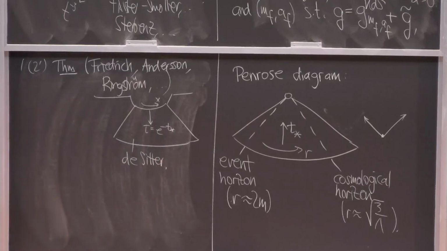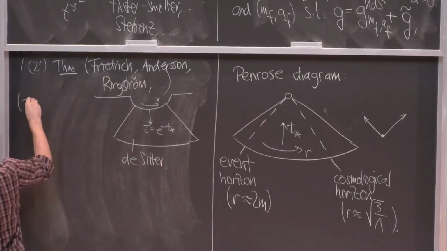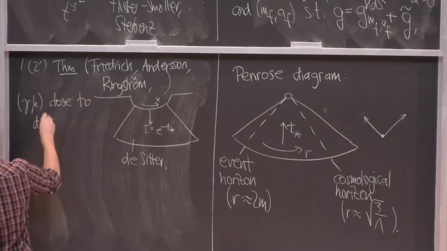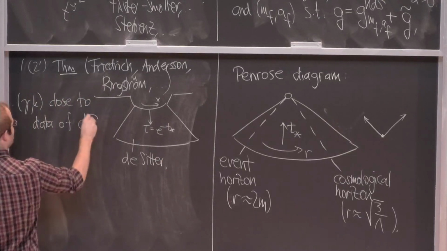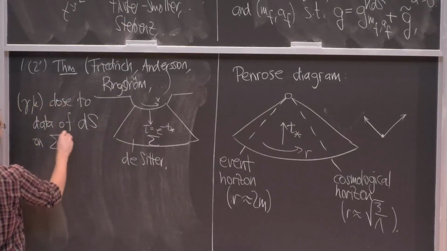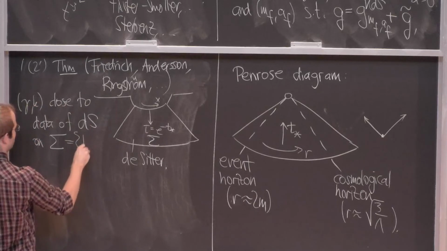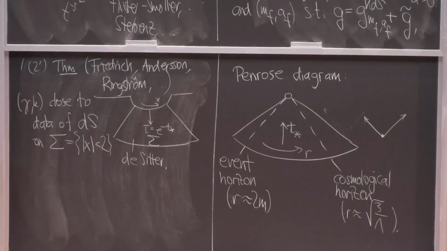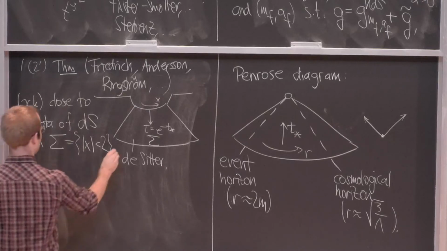And again, you have the same theorem. So let me just make it very brief. So gamma and k close to the data of de Sitter space on the surface sigma, right? Which yesterday I believe I said was x less than or equal to 2 at time t star equals 0, let's say.